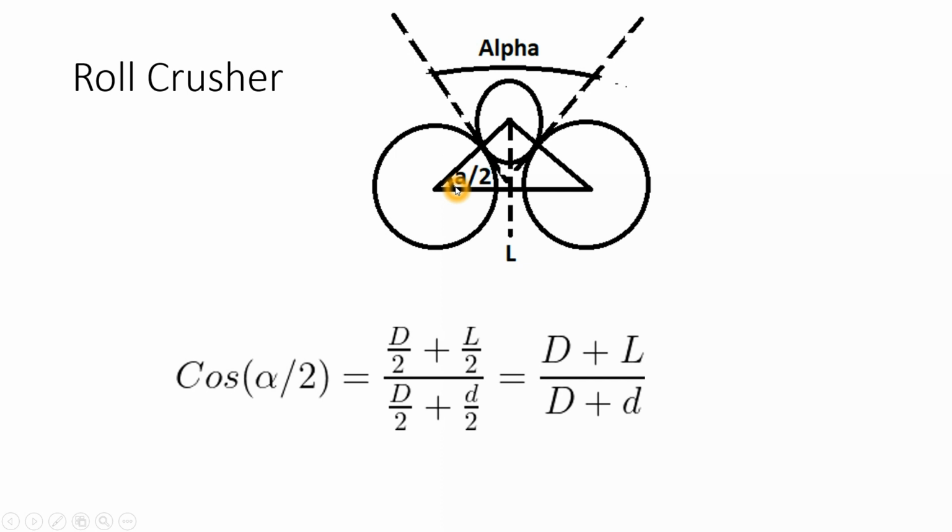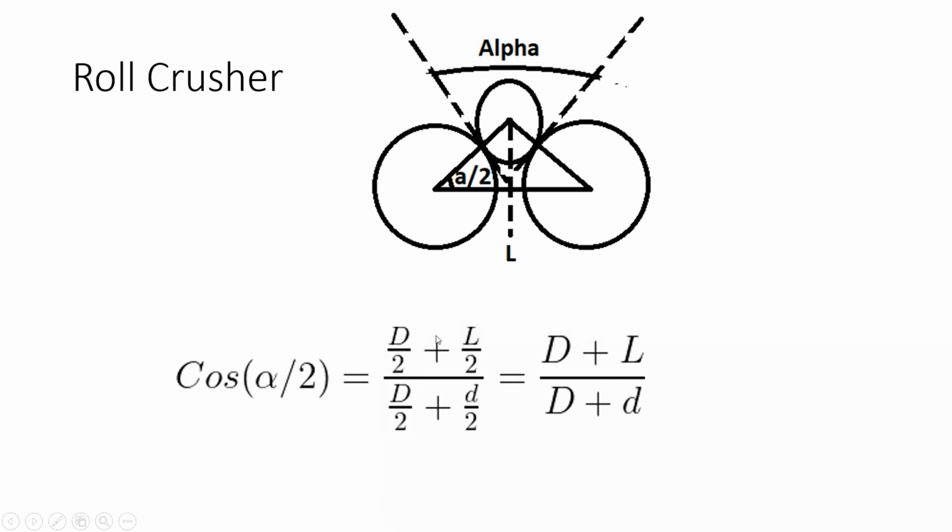So this angle is alpha by 2. Now we will just use simple geometry. Cos alpha by 2 will be equal to base over hypotenuse. What is the base? You can see here capital D by 2, right? Its diameter is D, so it will be D by 2. And I have already told you that the clearance between these two is L, so this length will be L by 2.